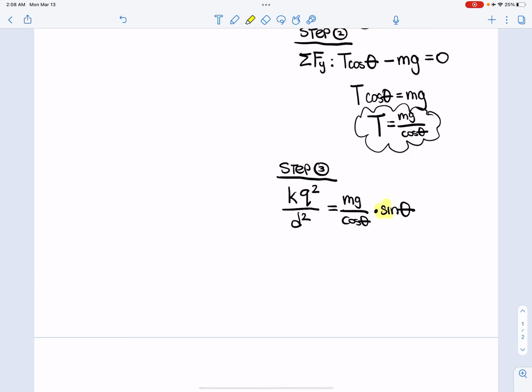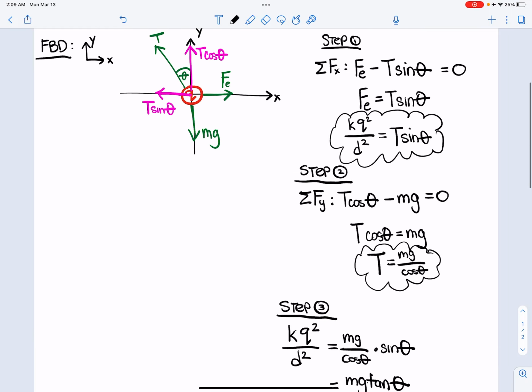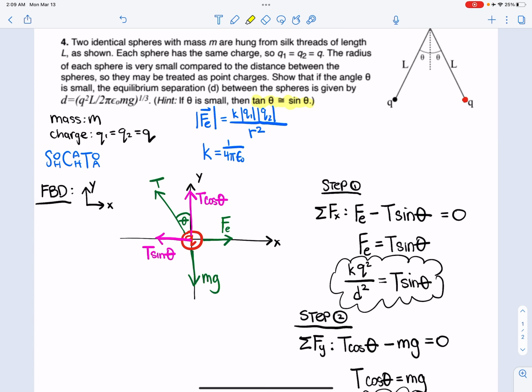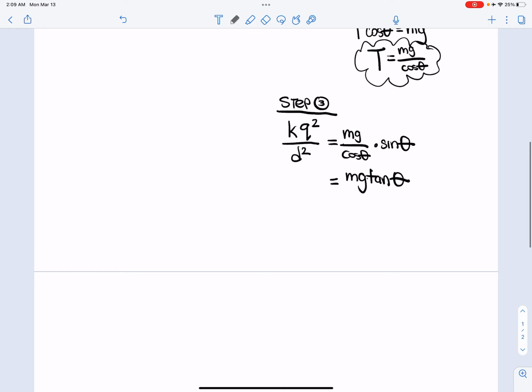Again, what is sine theta over cosine theta? That's just tangent theta, right? So I'm going to rewrite this as equal to mg times tangent of theta. Using the hint that we talked about earlier, tangent of theta is basically equal to sine theta when theta is small, so that is now equal to mg sine of theta.